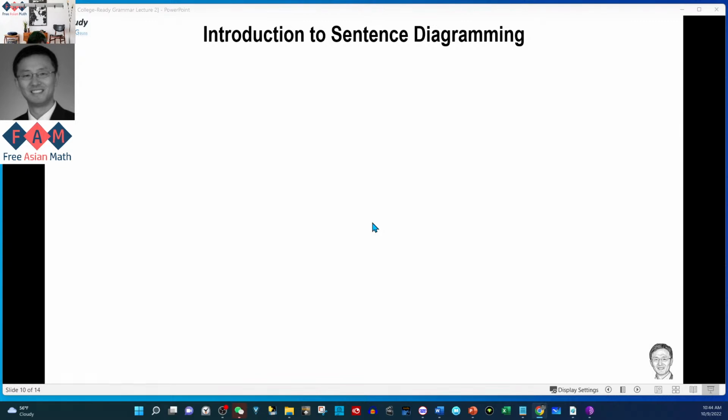And even a simple sentence can logically contain a lot of so-called modifiers. So we want to have some tool to help us analyze sentences. And sentence diagramming is a very powerful and excellent tool for analyzing sentence structures.